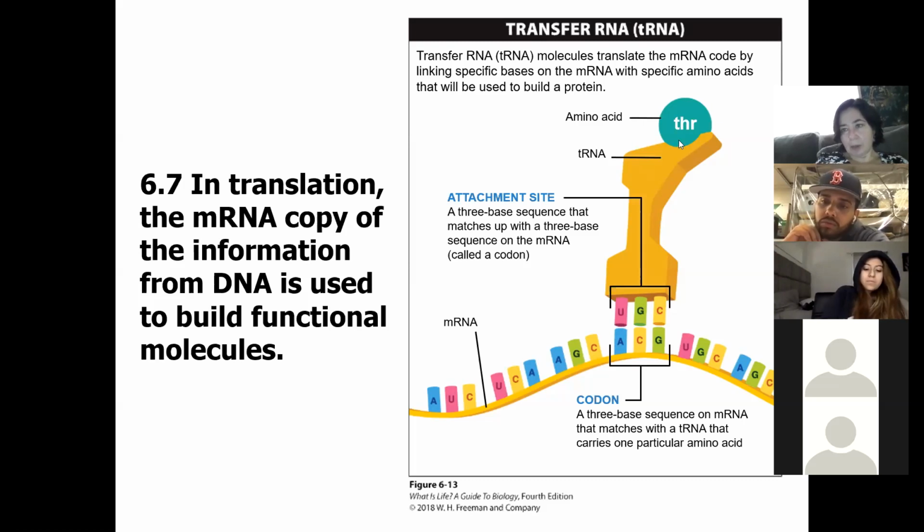Once they match, the amino acid will be picked up by the ribosome, right? And then messenger RNA will shift to the next code, next amino acid, next code, next amino acid.